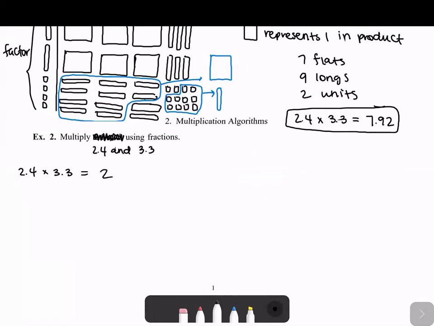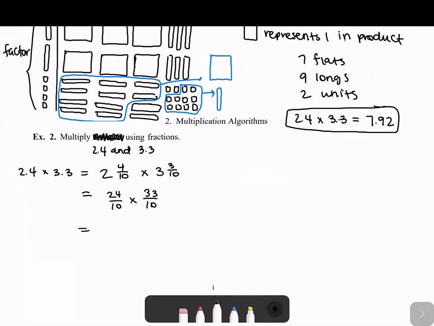We know that we can represent 2.4 because 4 is in the tenths place. We can represent this as 2 and 4 tenths times 3 and 3 tenths, right? And so remember that in order to multiply mixed numbers, I think it's a lot easier to write them as improper fractions. So we know that 2 is 20 tenths. So this is 24 tenths times 33 tenths. And if we multiply, we can multiply straight across.